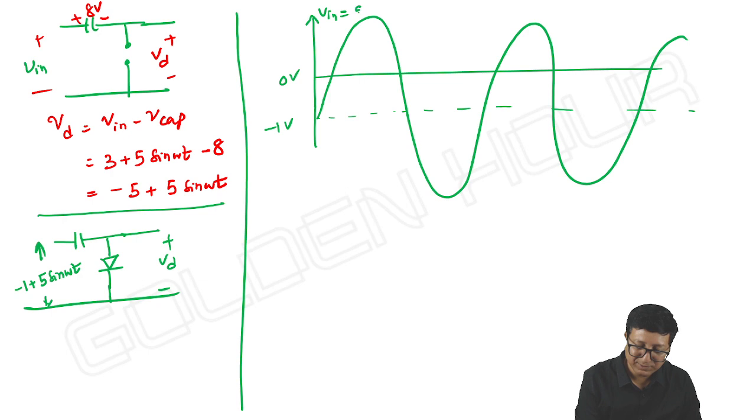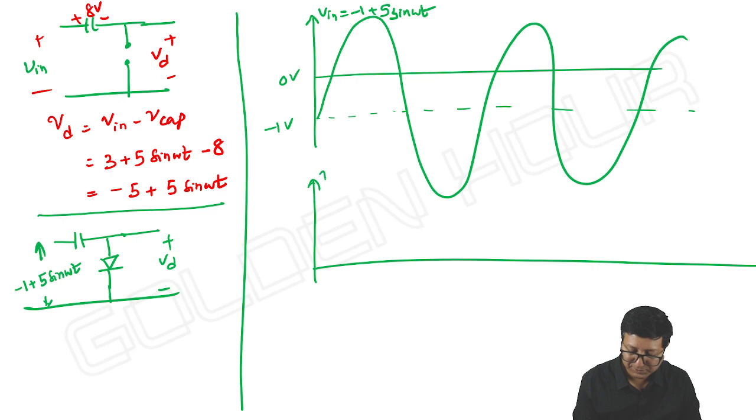V input is equal to -1 plus 5 sin omega t. Then what about V capacitor and V output?